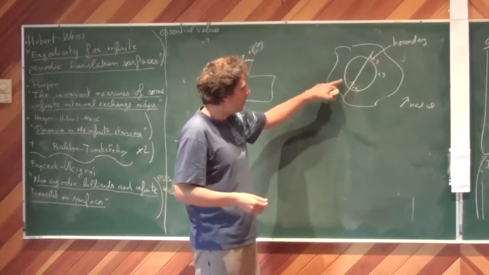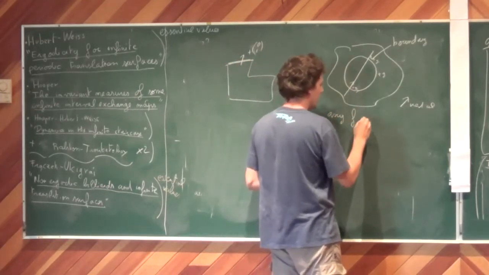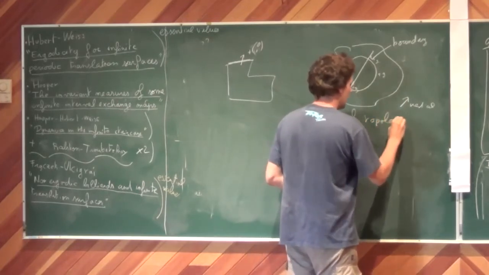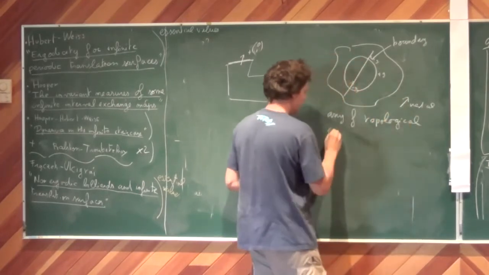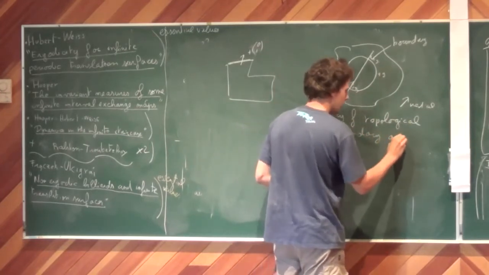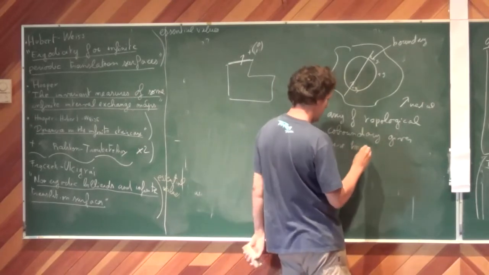So any topological coboundary gives rise to a dynamical coboundary.